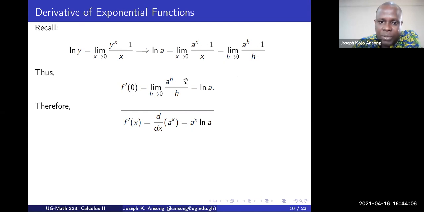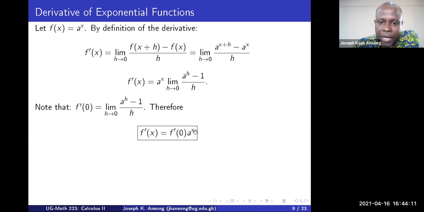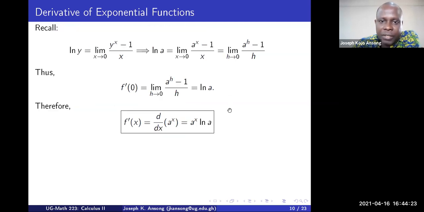So instead of f prime at 0, you can replace this with ln a. So using the definition of the derivative, you have shown that the derivative of the exponential function, d dx of a to the x, is equal to a to the x ln a.